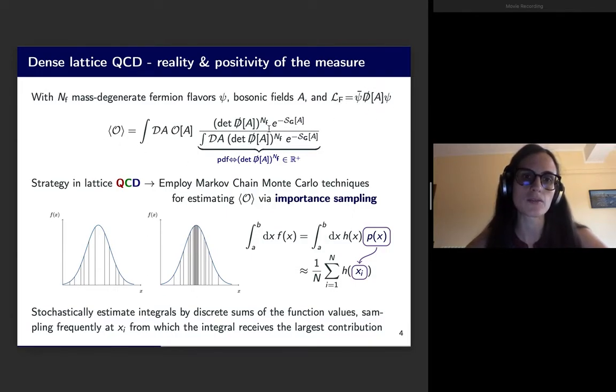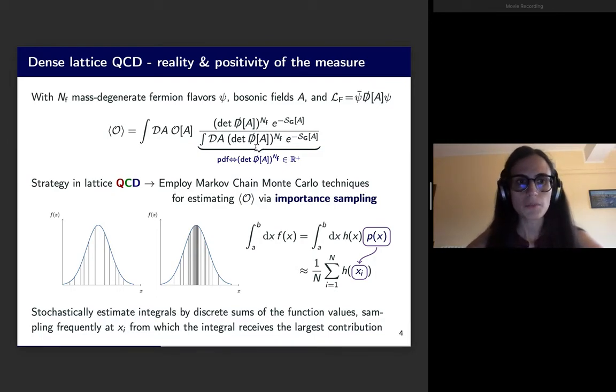Then we would like to write down the expectation value of a generic observable, and after we integrate out the fermionic fields, we have an NF power of the fermion determinant, which depends on the bosonic fields. And what we would like to do is to interpret this entire quantity as a probability distribution function, which means that it has to be real and positive.